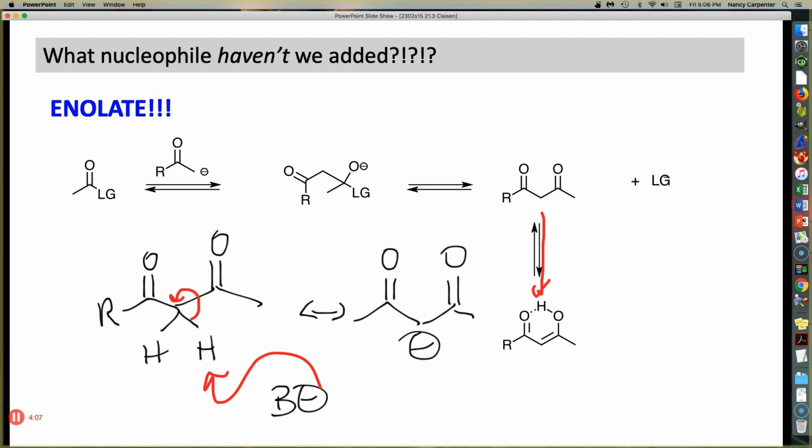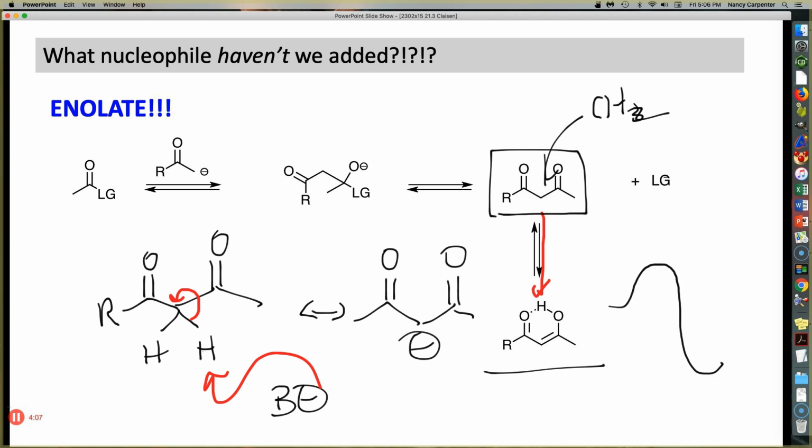So the fact that we have a diketone here with a CH2 group in the middle, that makes this a very, very favorable deprotonation. And again, kind of like saponification, we see that last step's a doozy that makes the Claisen, this particular Claisen, irreversible and very much favored.